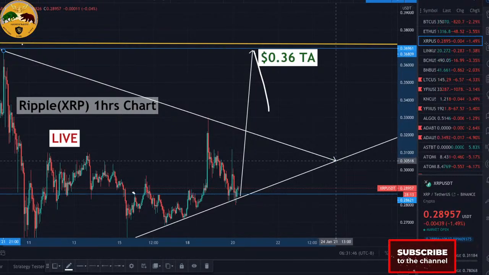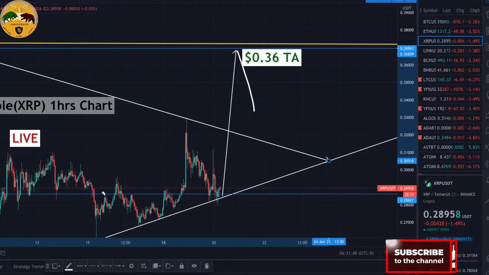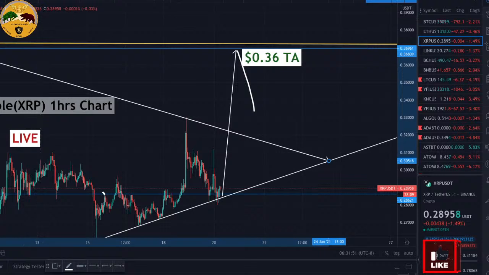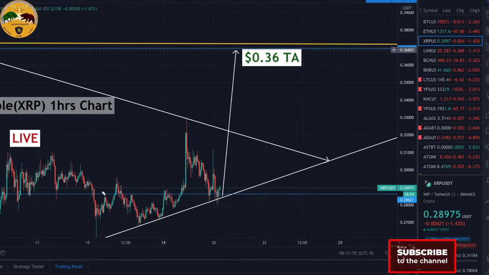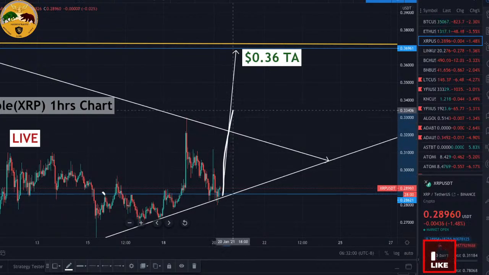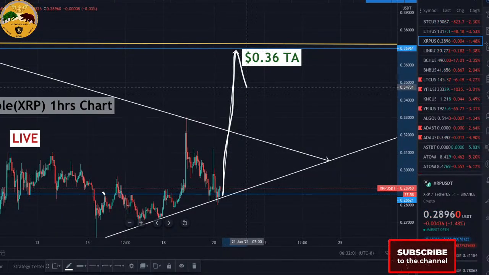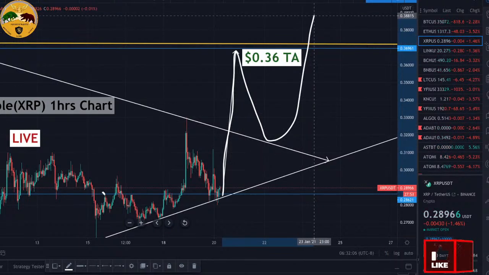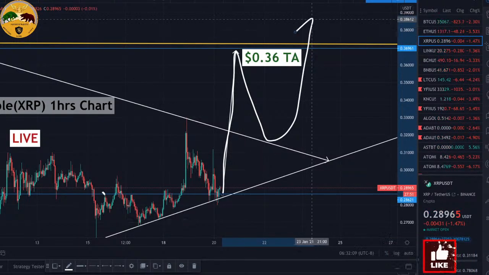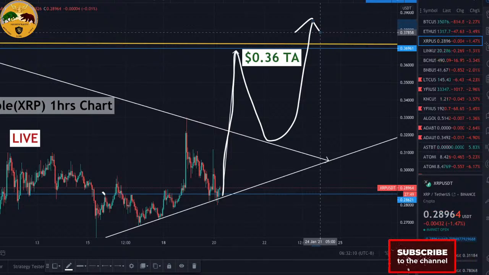So we're going to have something move like this. You could see a break up. It will come down, retest the breakout before going back up, right? This is how it's likely going to break this barrier.